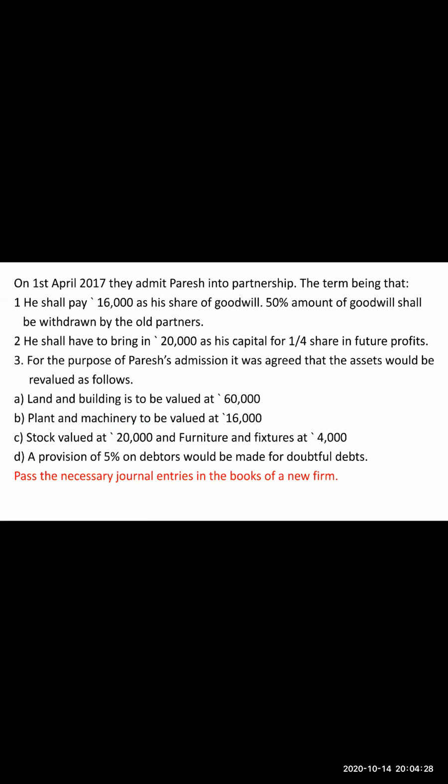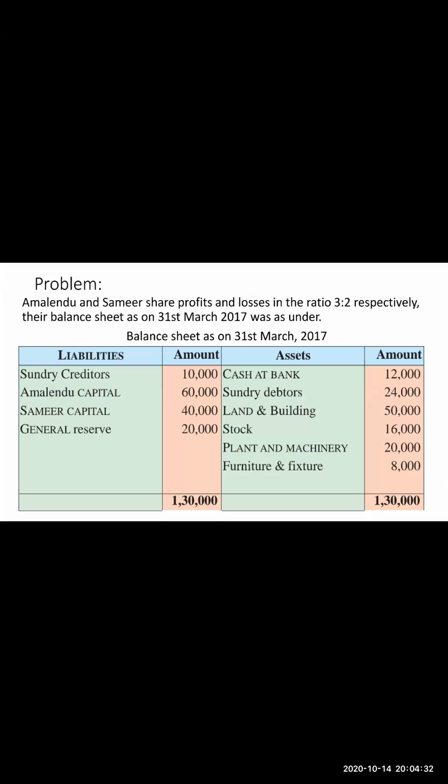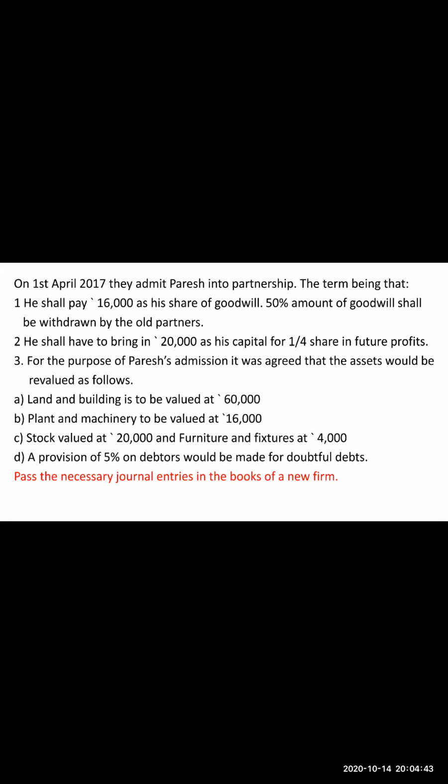Whereas फर्नीचर का अगर हम देखेंगे it's given over here 4,000 and in the balance sheet it is given 8,000, यानी 8,000 से 4,000 हो गया है, which means the amount of furniture has been decreased. Okay, so if you will see all the assets, land and building increase हो गया, plant and machinery decrease हो गया, stock का amount increase हो गया, furniture का amount decrease हो गया.